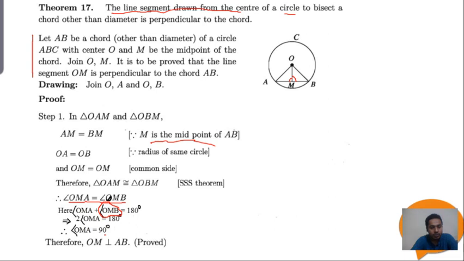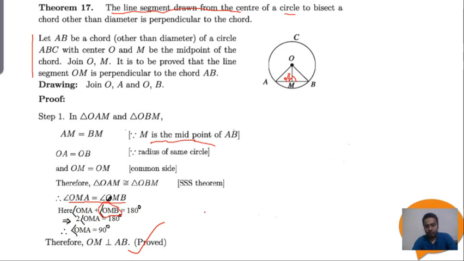Then OMA is equal to 90 degrees. If this angle is 90 degrees, then what conclusion can we say? OM is perpendicular on AB. This is our proof. I think all students have understood this theorem.